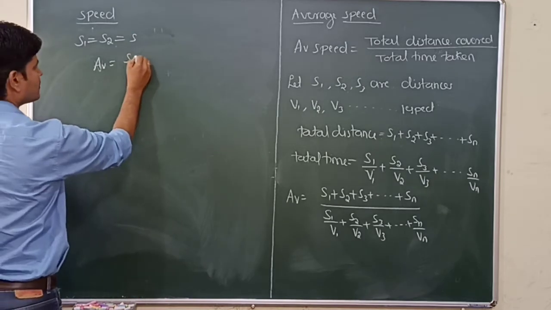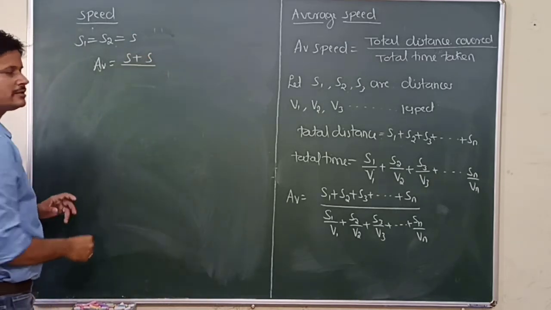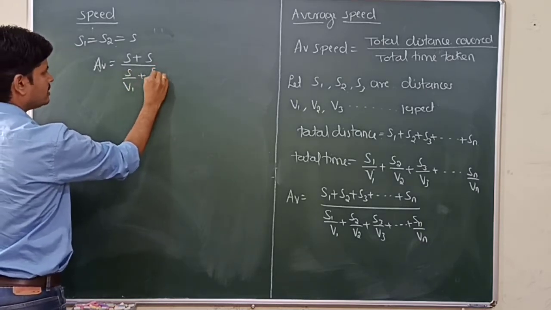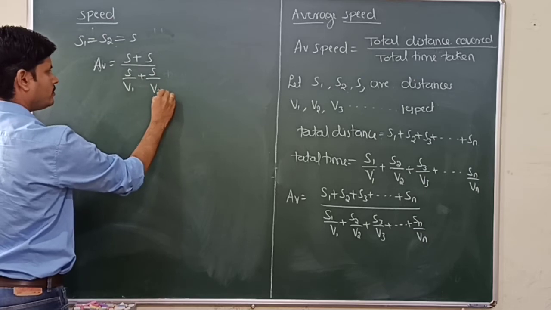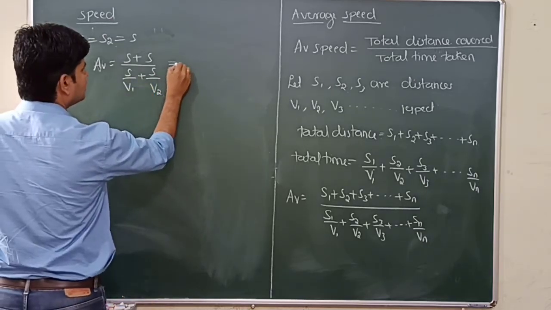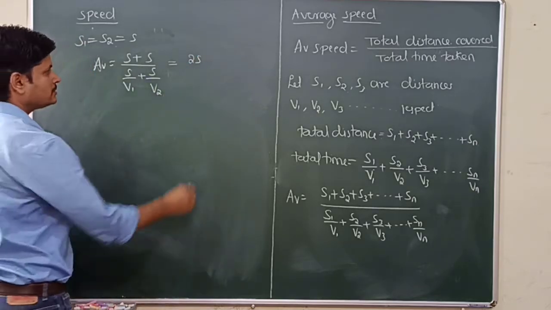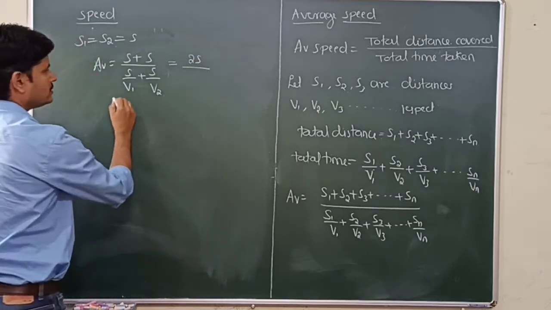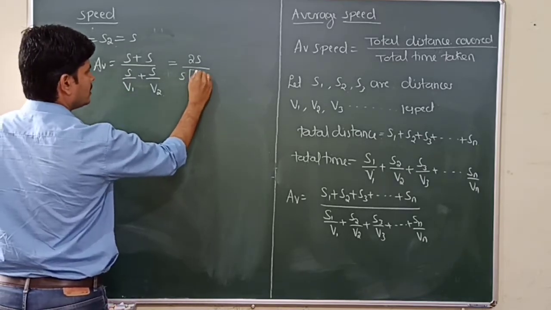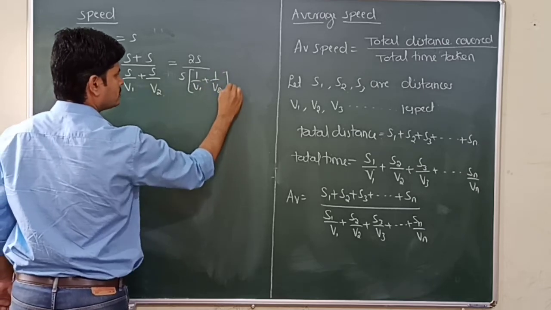That is S plus S divided by S divided by V1 plus S divided by V2. Correct? Or S plus S is 2S, whole divided by, taking S common, 1 divided by V1 plus 1 divided by V2.